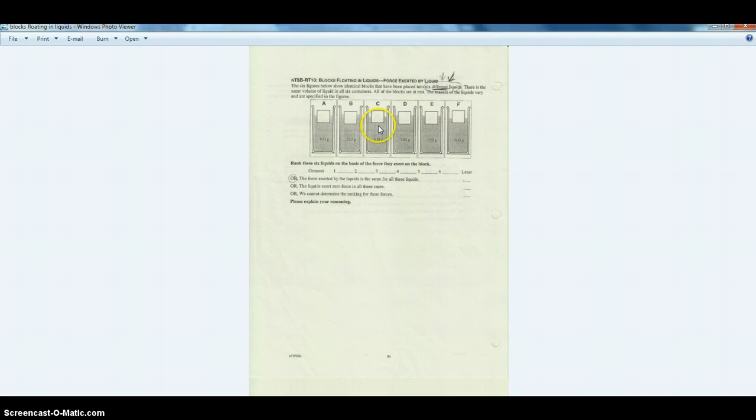Most of that is mumbo jumbo, but we need to focus on 6 different liquids. So therefore the force exerted by the liquids is the same for all these liquids because the blocks are identical. So you have to pay attention to your key phrases rather than the mumbo jumbo that you're given.